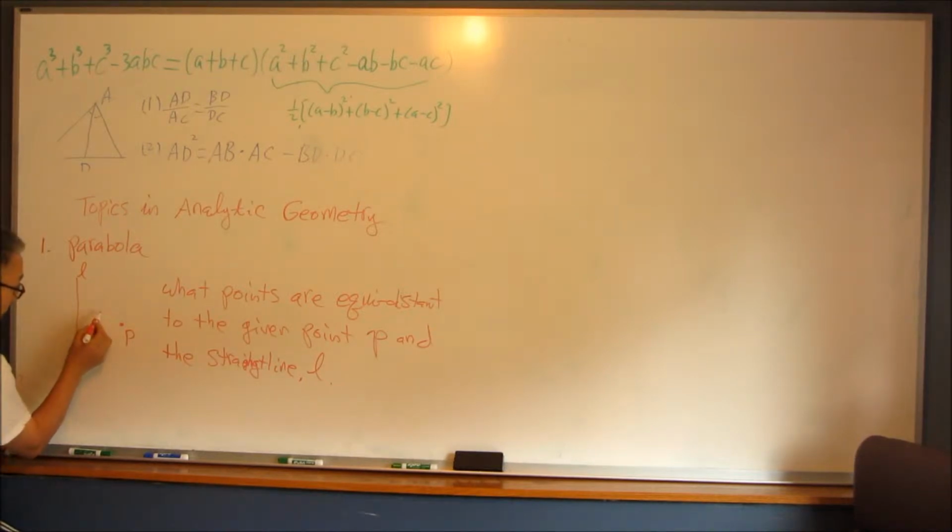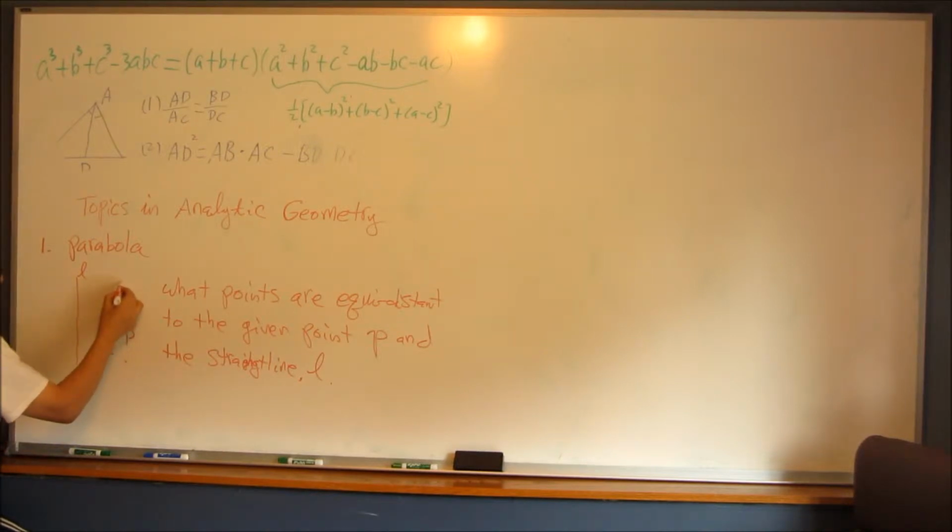It seems that this point, and this point, and this point, and maybe a point here, a point there, all form a curve.